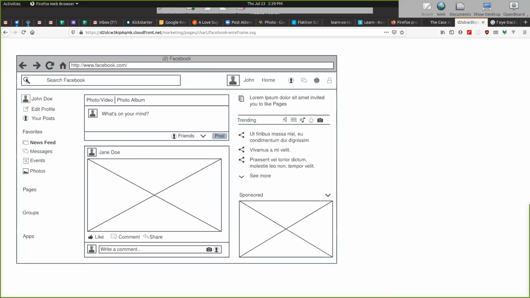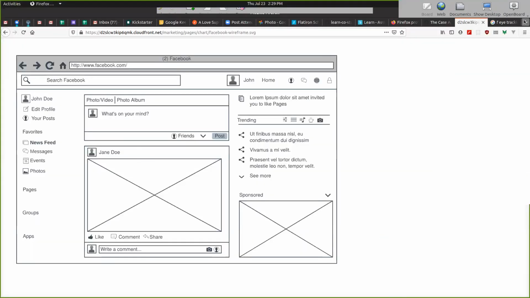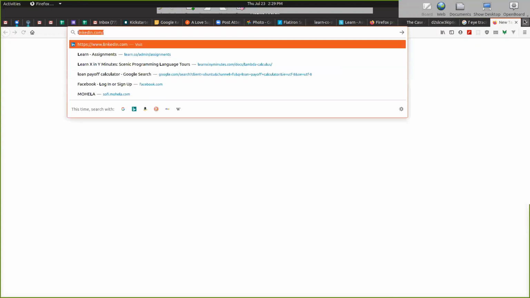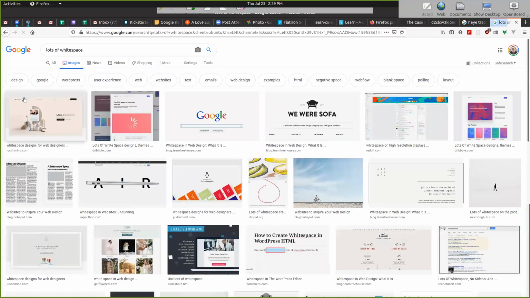I'm going to chime in again with the space. More space is more important. Yep. So white space. More space is important. More space is heavy. Less space is light. So for example, if you look at something that has tons of white space, let me see if I can find an example.